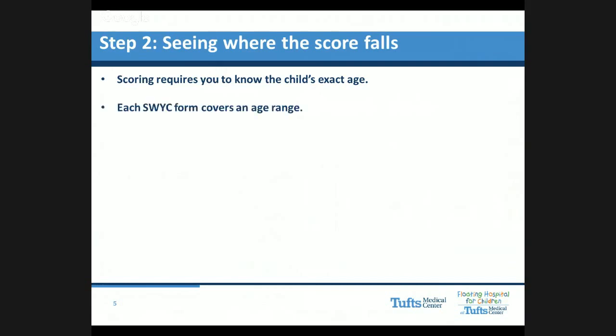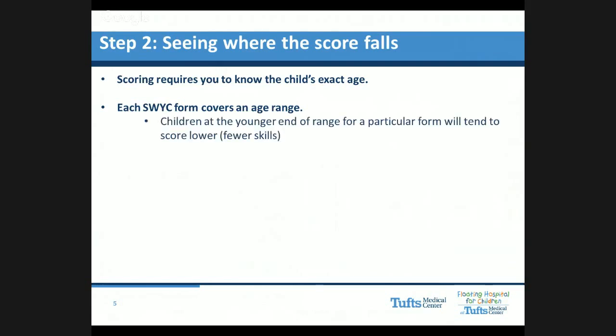The reason for this is that each SWIC form covers an age range. Children's development is likely to be different at different ages within any given range. We would expect that children at the younger end of a range would tend to have developed fewer skills than older children. Therefore, their milestone scores would tend to be lower.